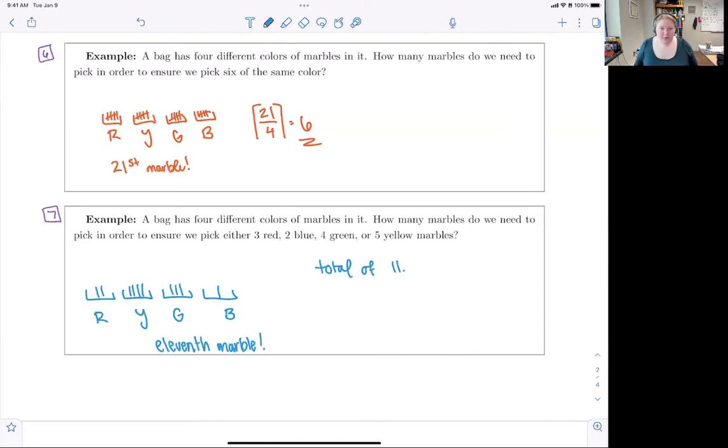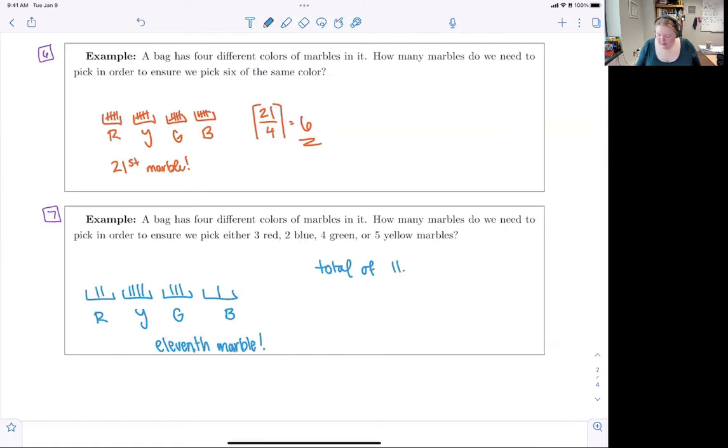Now be a little careful. We can't necessarily think about this as just the total number divided by that, right? Because 11 divided by 4 doesn't give us one of these cases. In general, you can do a little bit of side work here.